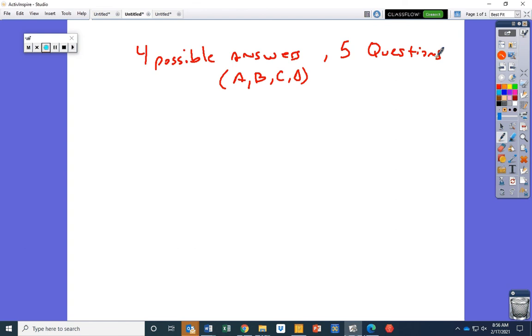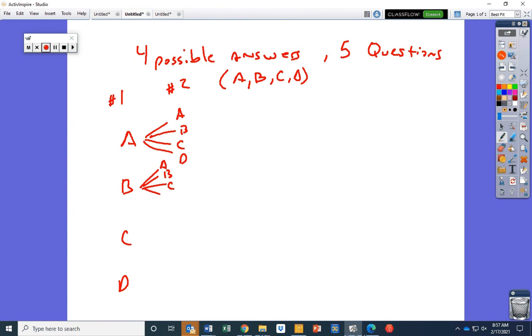It wouldn't, would it? Look, for the first question, okay, this is question 1. How many choices are there? A, B, C, or D, right? So for number 2, how many choices are there? A, B, C, or D?